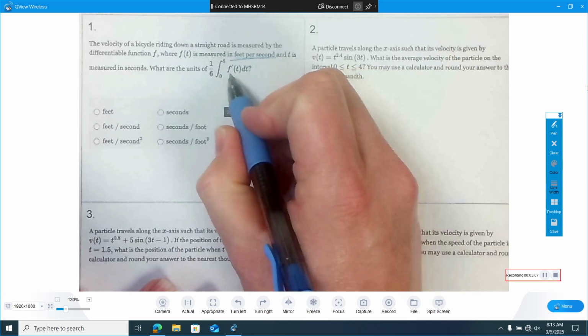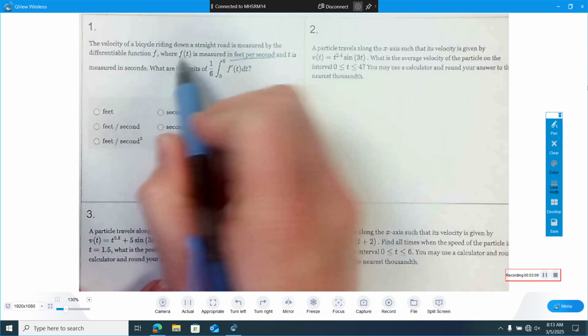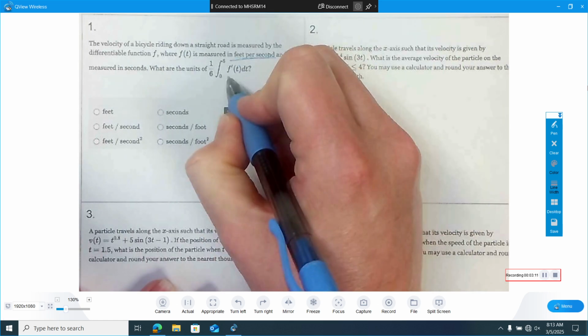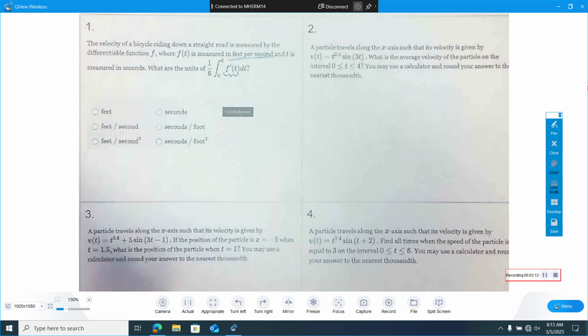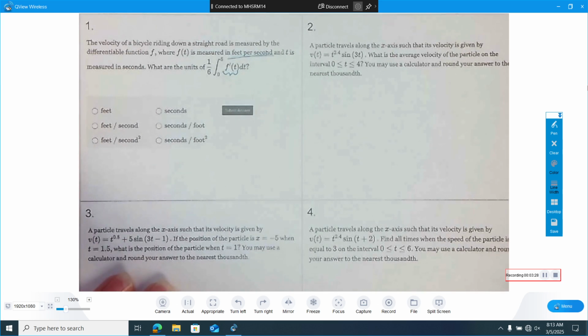So first of all, we know that f is feet per second. What are the units for f prime? How do you figure that out? Isn't that interesting?